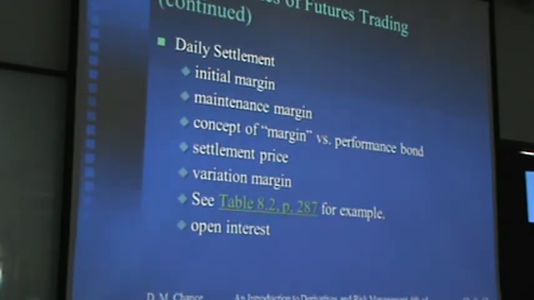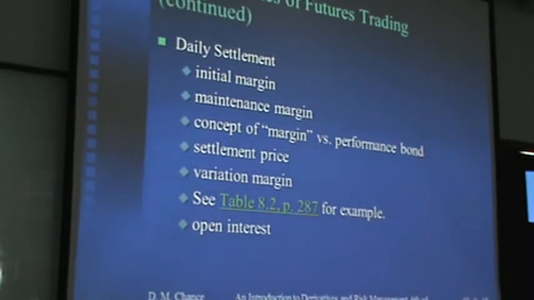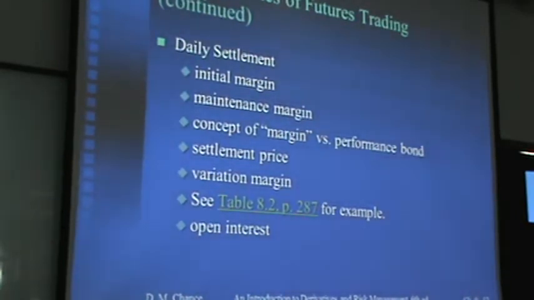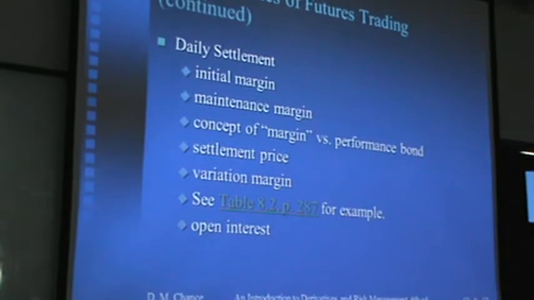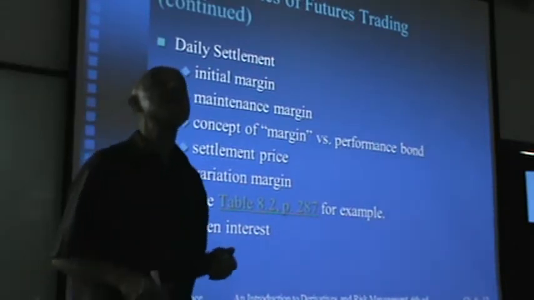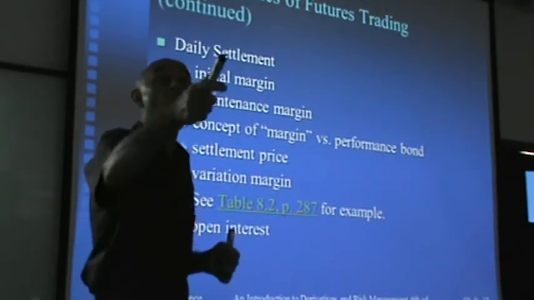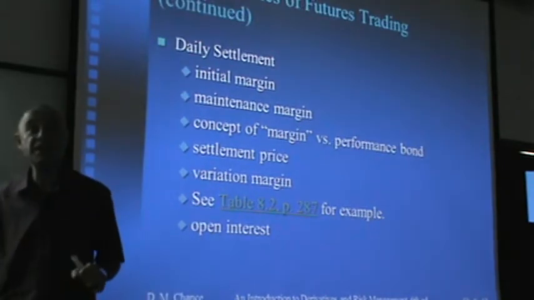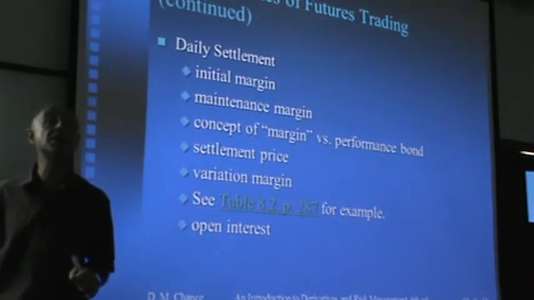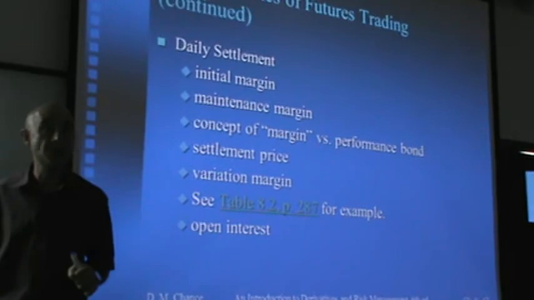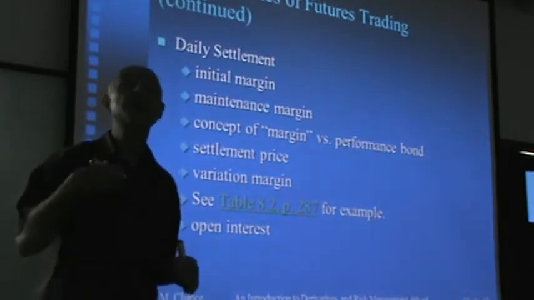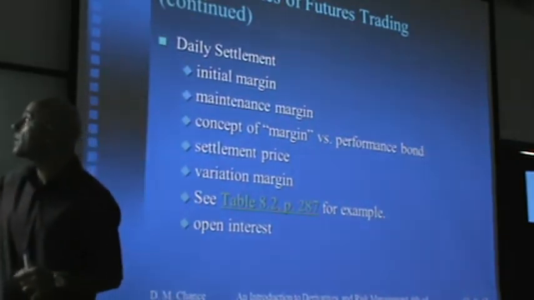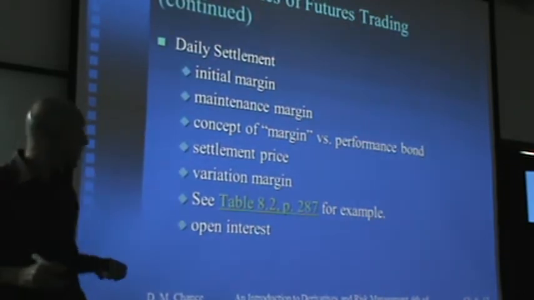Variation margin is the additional funds that have to be deposited. They're officially due within a few days, but they're usually required to be deposited immediately. So all we did was calculate this 8,500 is the variation margin. How much money you need to put in to get back to the initial margin.